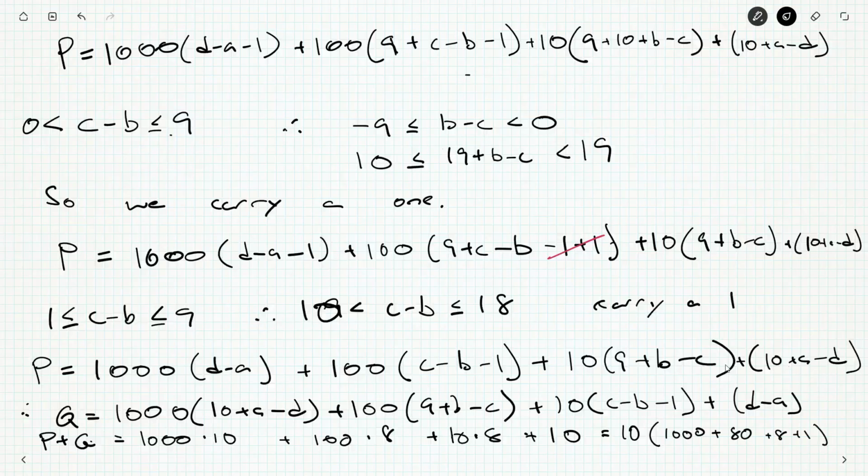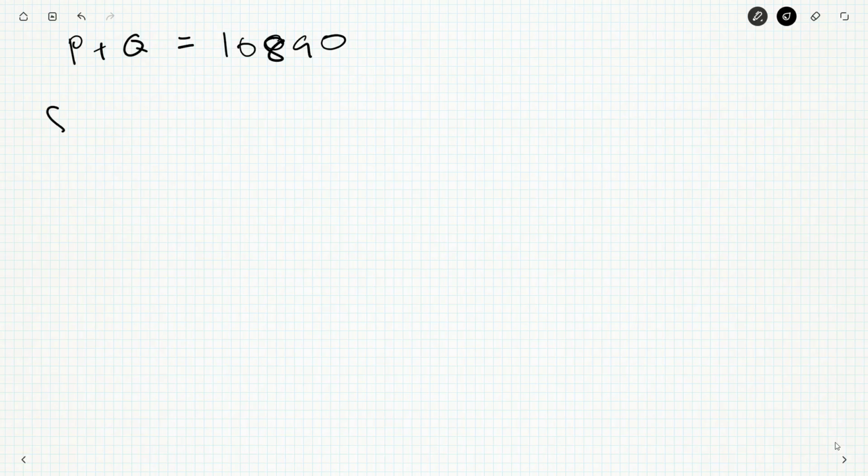Oh, no. That'd be 1089 and then times 10, yeah. So P plus Q is 10890.